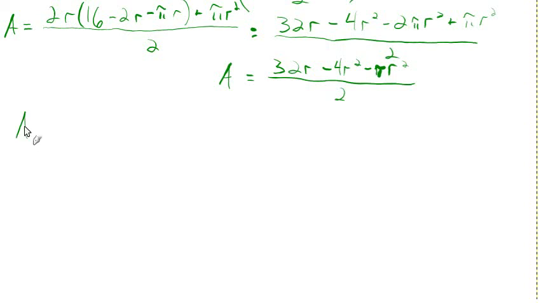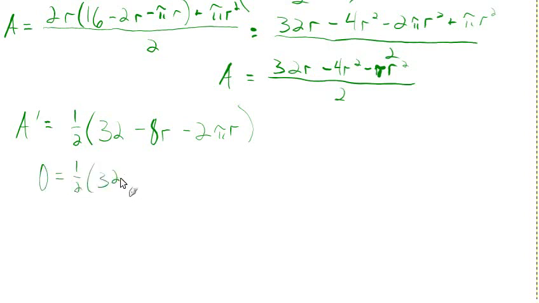So we take the derivative, A prime is equal to 1/2 times 32 minus 8r minus 2 pi r. We just took the 1/2 out there, took the derivative of 32r, that'd be 32, the derivative of this, so on and so forth. And wherever this is equal to 0, we will find our optimal choice of r.